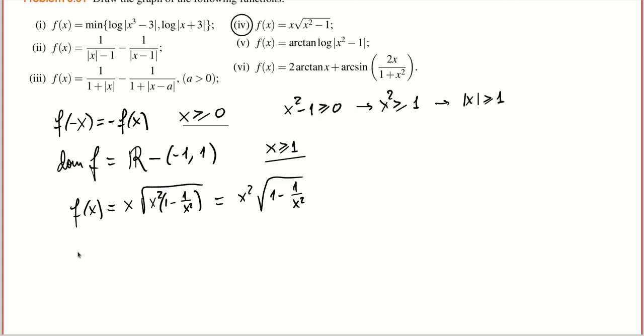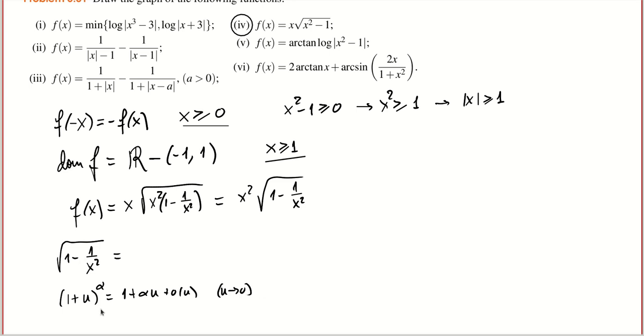But let me tell you how we can get more information out of this. To begin with, we have here the square root of 1 minus 1 over x squared. And if we expand this using Taylor, remember we know this expansion for this binomial form, which is 1 plus alpha u plus o(u), okay, when u goes to 0. So we know this expansion, okay?